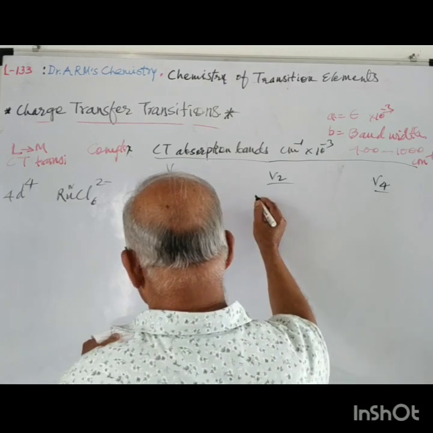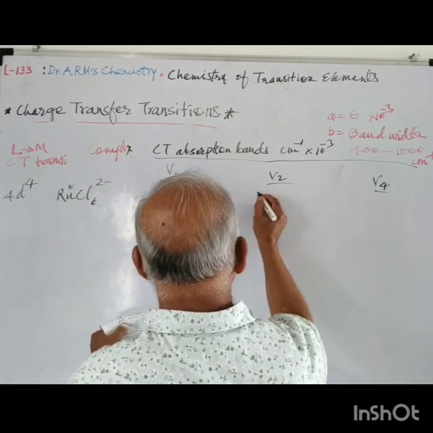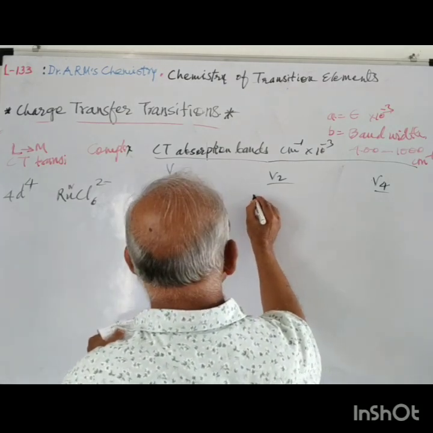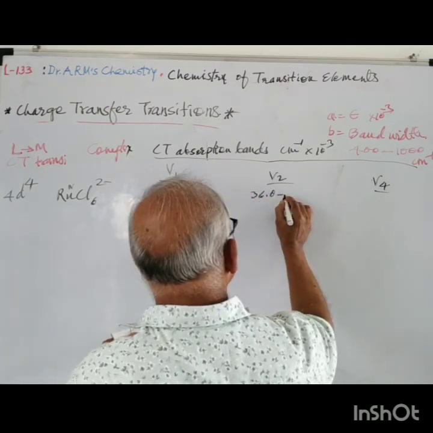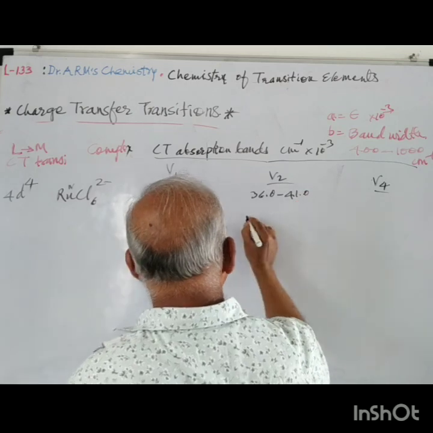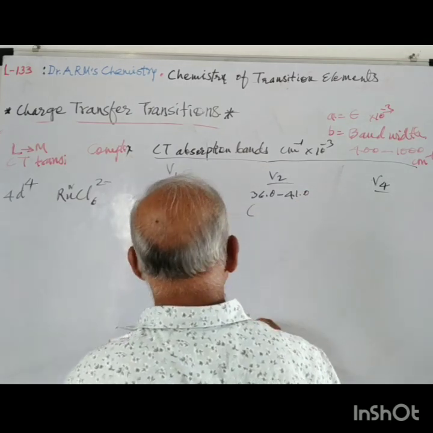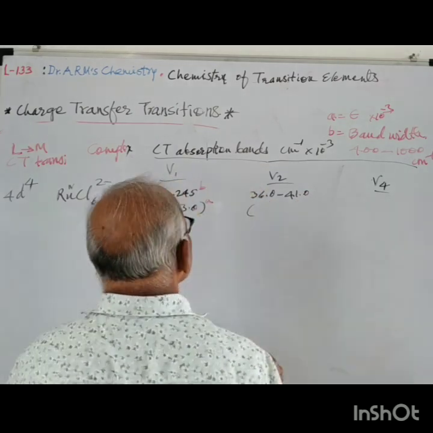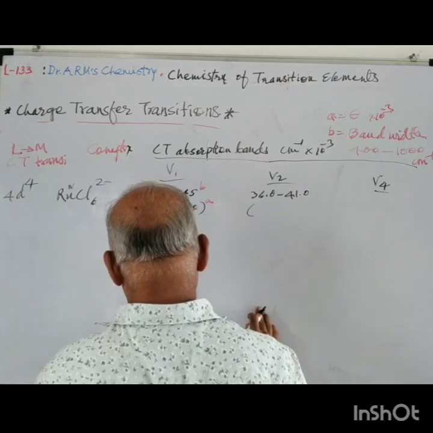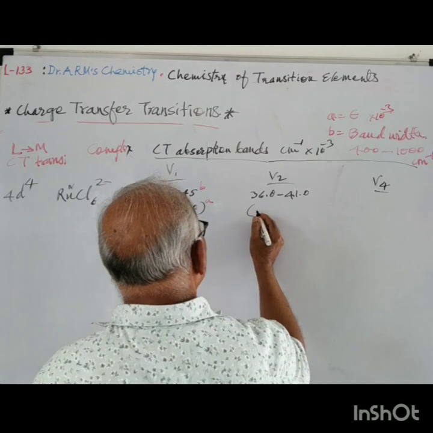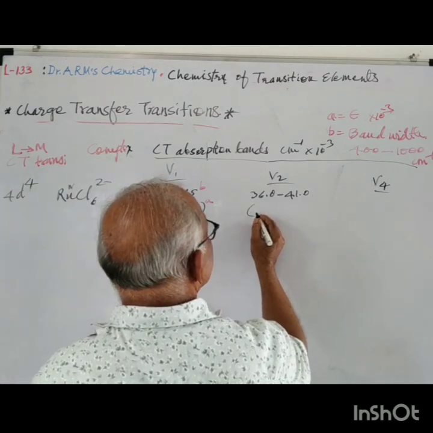So in case of V2, we will have the values 36.0 to 41.0, and the bandwidth values, the extinction coefficient values are here shown in this way.